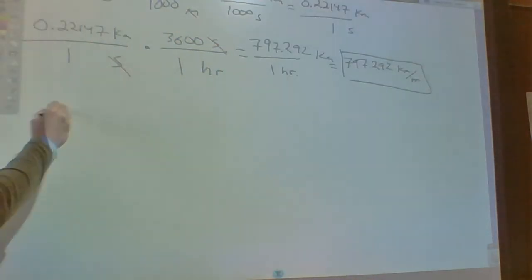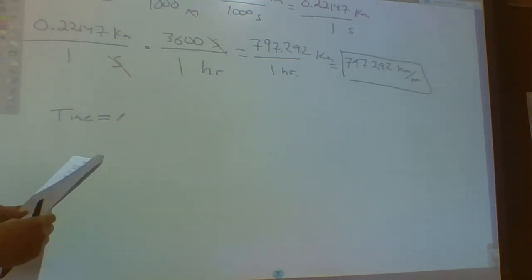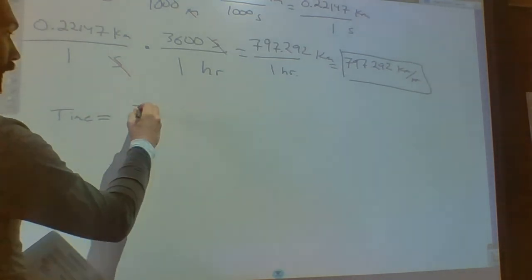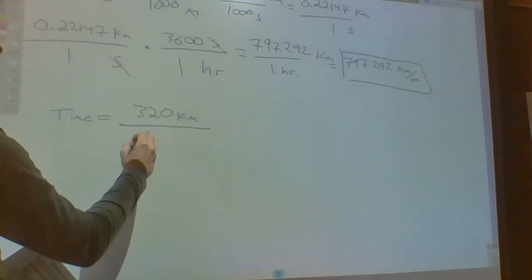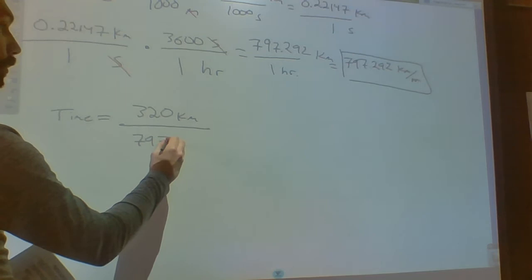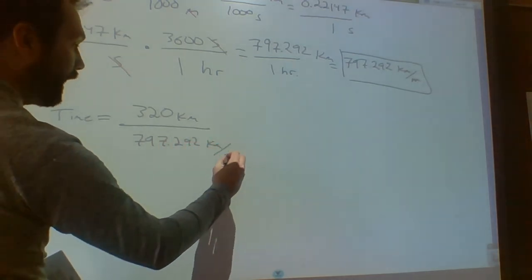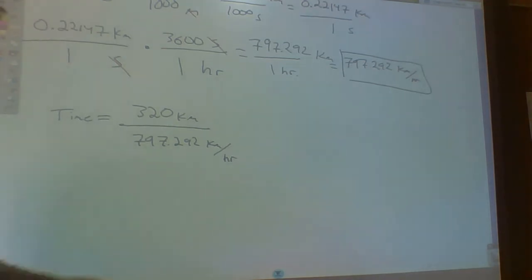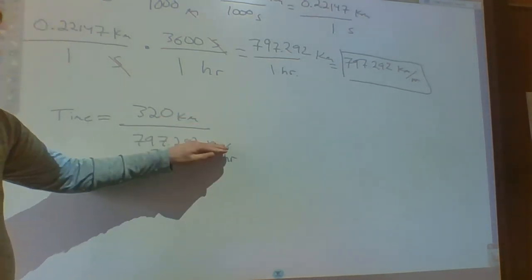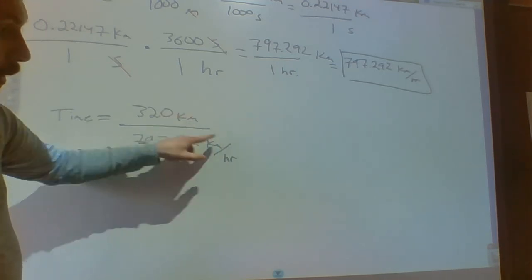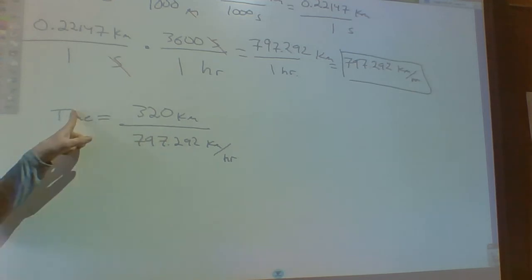So our time is equal to our distance, 320 kilometers, divided by 797.292 kilometers per hour. And we can see when we divide again, the kilometers are going to cancel. We have kilometers over kilometers. So those two units will cancel out, and we'll be left with hours, which is just our time.